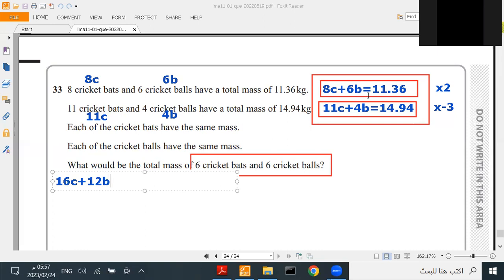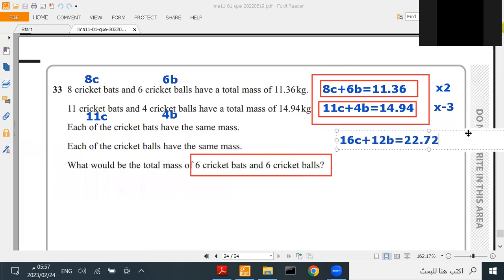Then 2 times 11.36. I'll use a calculator. 2 times 11.36 gives me 22.72. That's for the first equation. Okay, I'll put it here. Second equation: I'll multiply by -3.